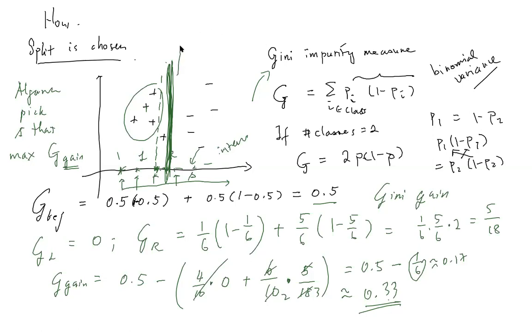Some other algorithms may actually use another impurity measure called entropy, which is kind of similar, okay? It's just that instead of this formula, you have the Shannon entropy. It's given by H equals the sum of minus pi times log base 2 of pi, where i is the class. So instead of 1 minus p, you have log base 2 of p.